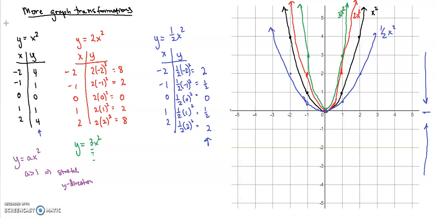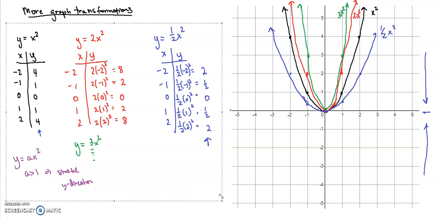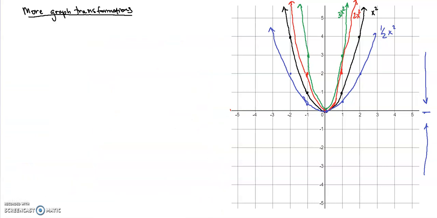Alright, so let's get rid of all this and write our general rule. Okay, so if we're multiplying by a number out front, if it's bigger than 1, it's going to stretch in the y direction. And if it's less than 1, it's going to compress in the y direction.